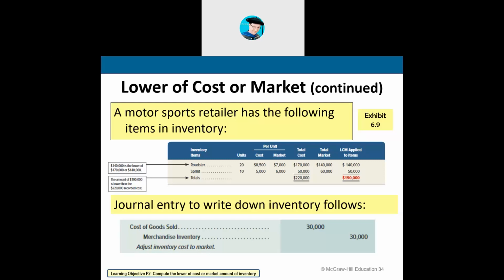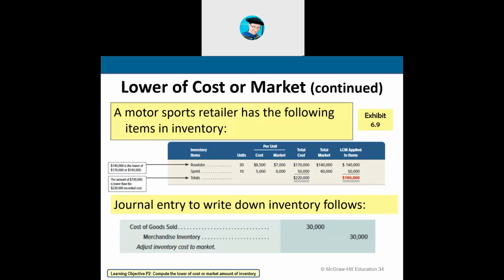Automobiles are the most commonly used asset or inventory that we can easily compare the cost and the market rate. The market rate is what the open market is saying the value is for those automobiles. And the cost is the cost to the dealership to purchase. And for reporting purposes, we take the lower of the two, right? The lower cost or market rate. That's the lower of the two.